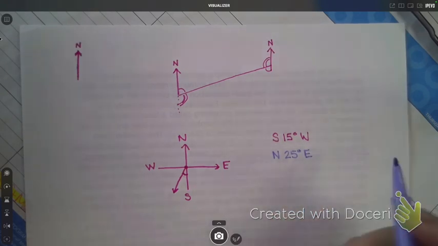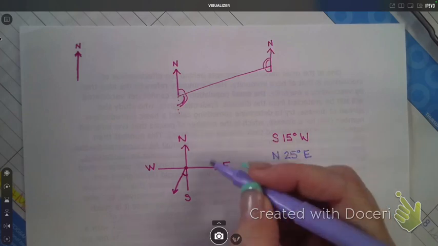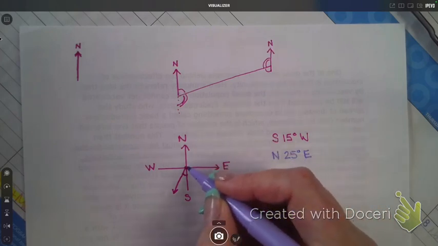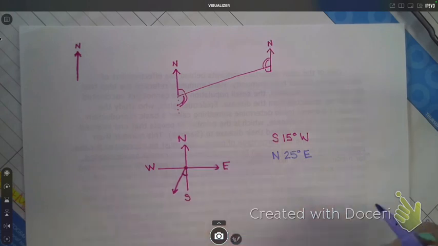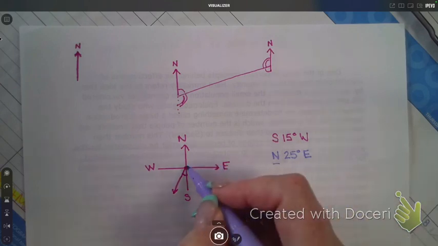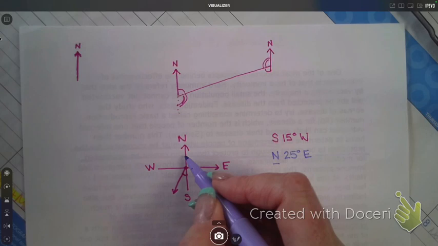So how would that be drawn? I start where? Origin and go? Nope. What's first? North. So I go up. Then I go 25 degrees left or right. Right.